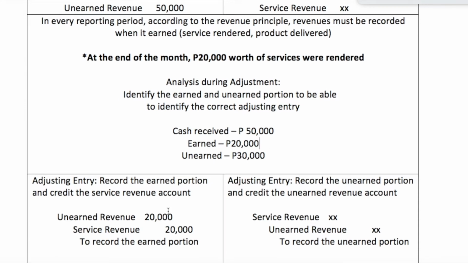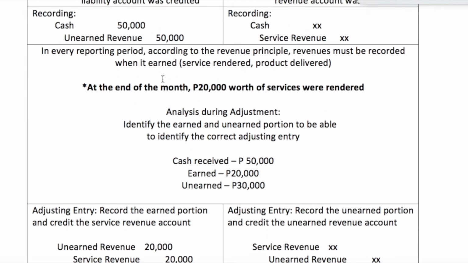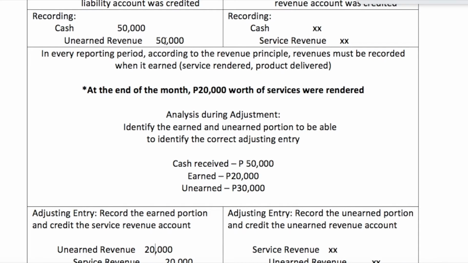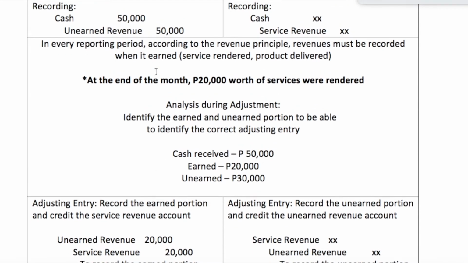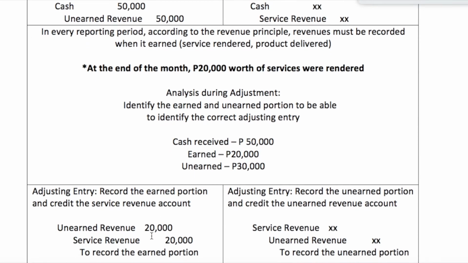Our unearned revenue, originally 50,000 credit, we debited it, so 50,000 minus 20,000, the balance of the unearned revenue would now be 30,000, which is what it should be. So that's the effect of the adjusting entry.